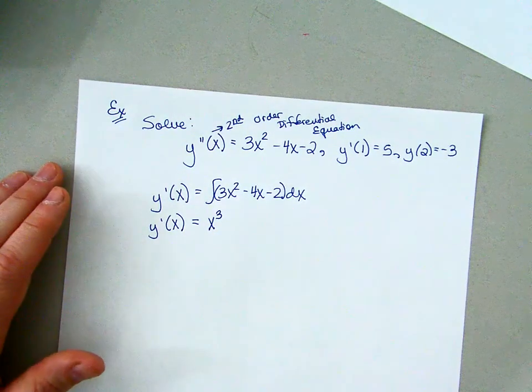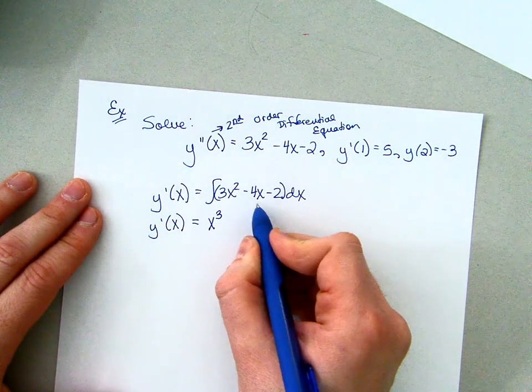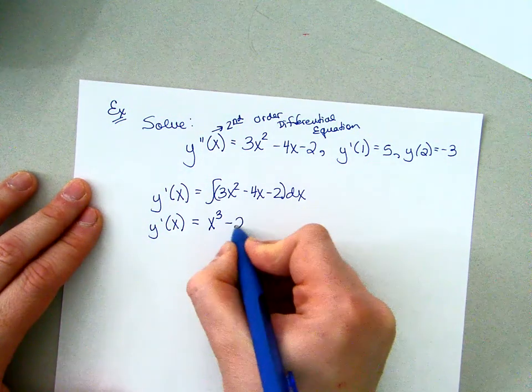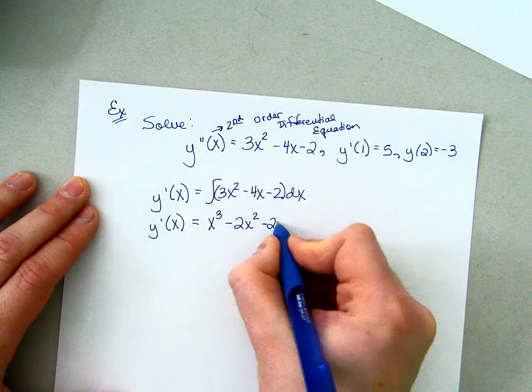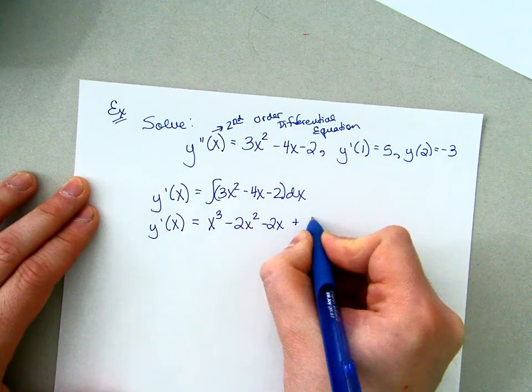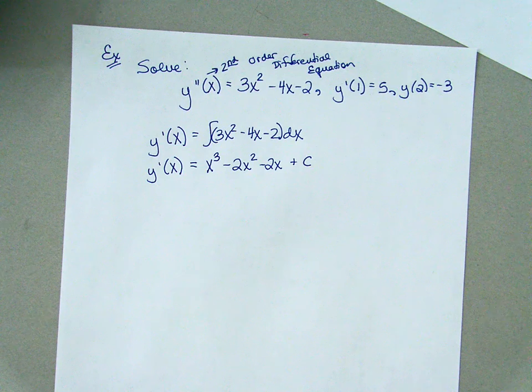And what is the integral of minus 4x? Minus 4x squared over 2, which becomes minus 2x squared. Integral of minus 2? Minus 2x. And are you done? No. Plus c.